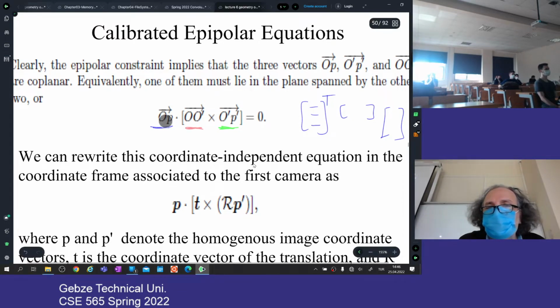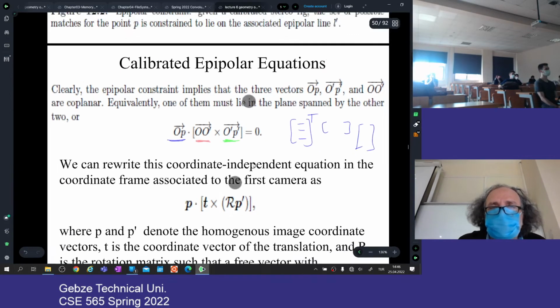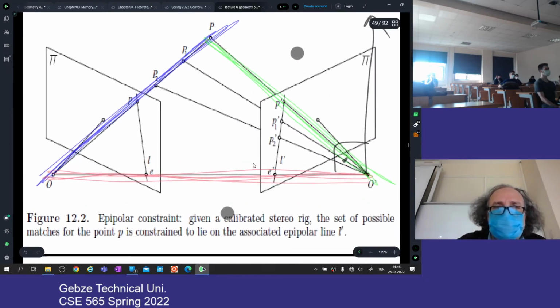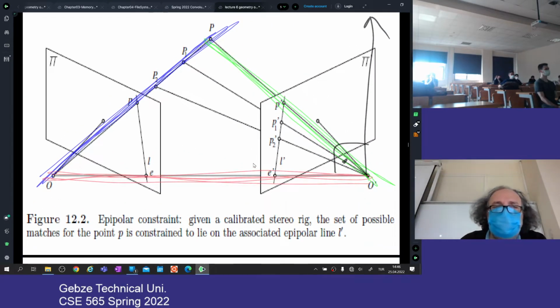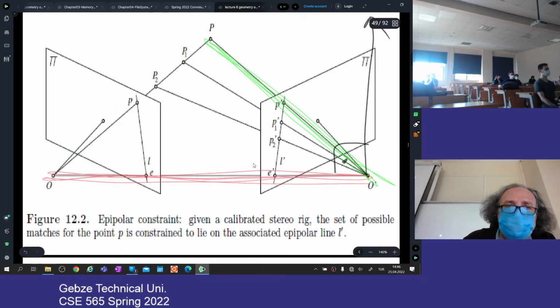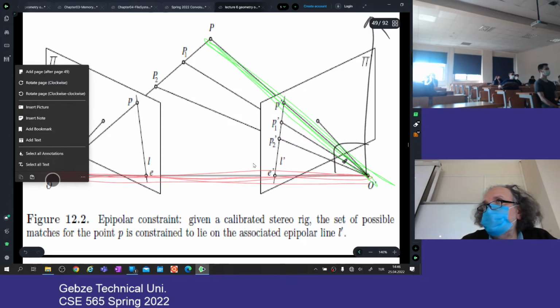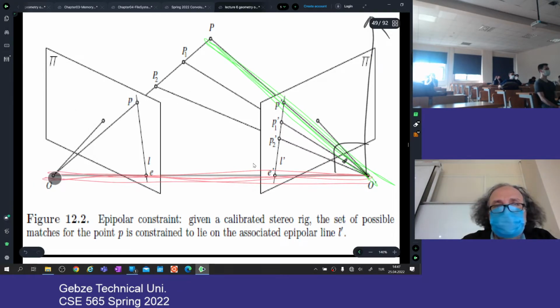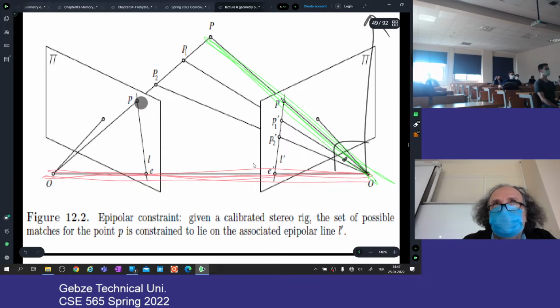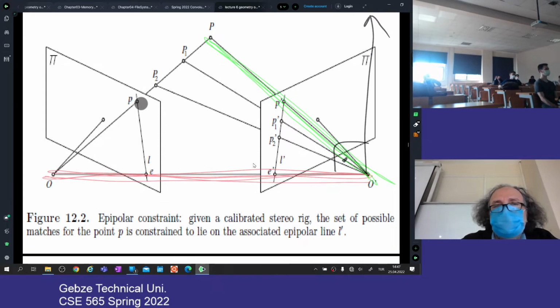And this is already a vector. So what is this vector actually? OP is actually in the camera reference frame. O2 is actually this vector. It's just P. So this is 0, 0, 0, right? This is 0, 0, 0. What is the position of this small p? It is P's position.